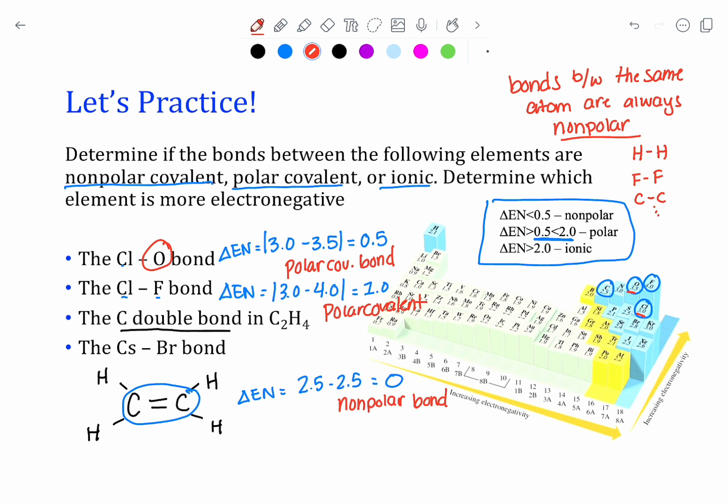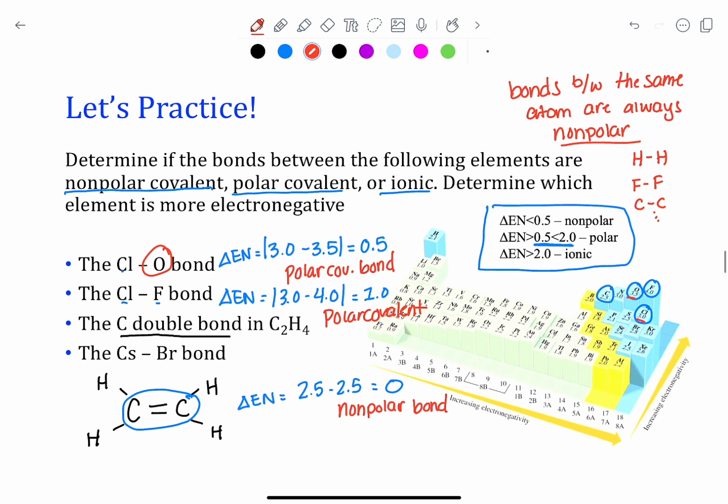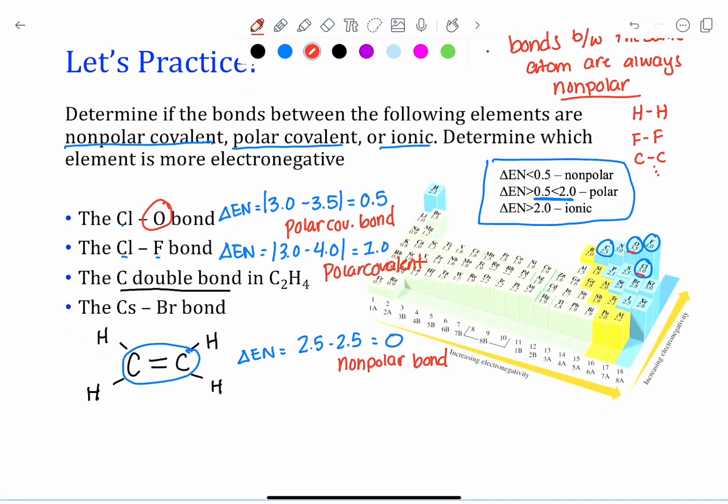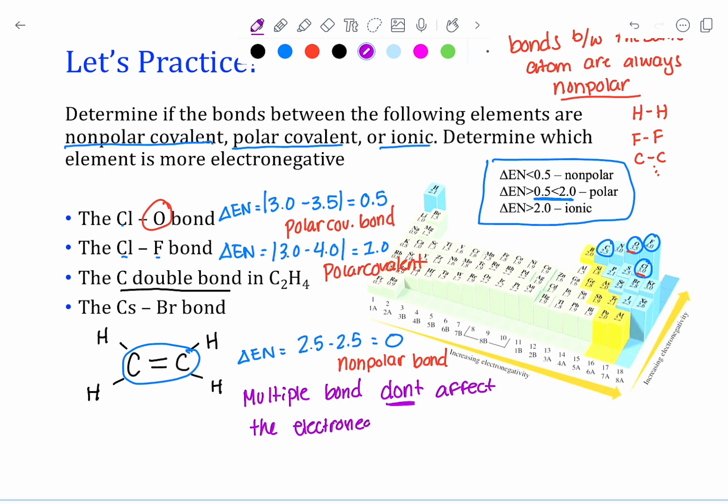Now in this example, I also want to highlight our multiple bond example. So we have two bonds here. The fact that there are multiple bonds does not change how the electrons are shared. So multiple bonds don't affect the electronegativity or polarity of the bond.